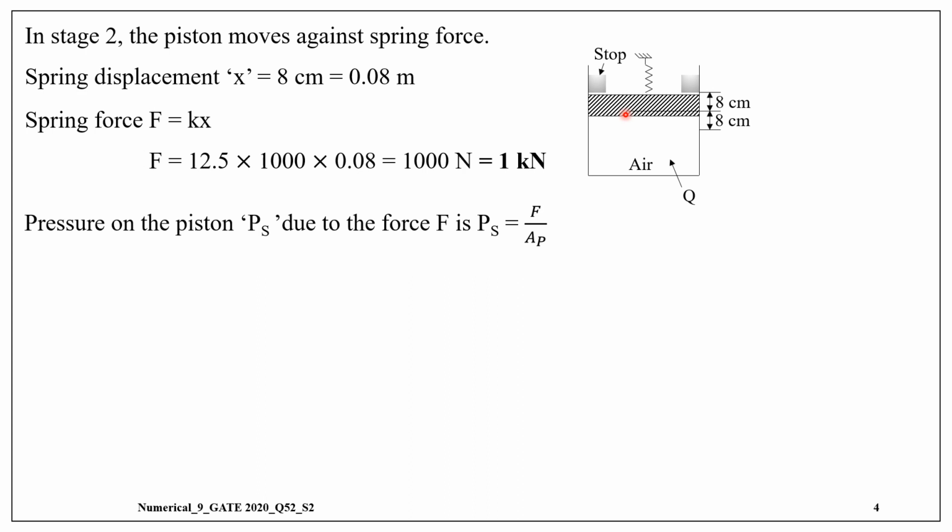Therefore, the pressure acting on the piston due to this spring force, denoted by the symbol P suffix S. Suffix S stands for spring, is equal to force by the spring divided by area of the piston. Substitution of force and the area of the piston gives us spring pressure.